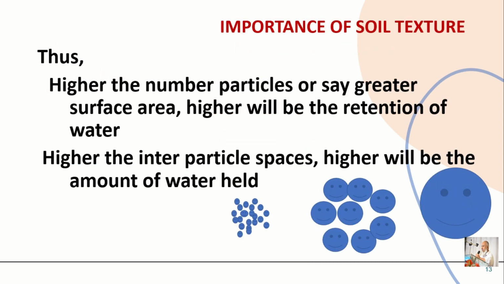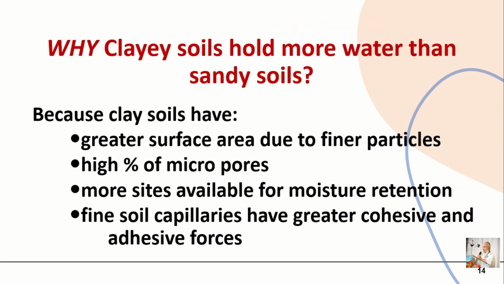Thus, the higher the number of particles, or greater the surface area, the higher will be the retention of water. The higher the interparticular spaces, the pore spaces, the higher will be the amount of water held. So always remember that this micro and macro is what plays the game there.